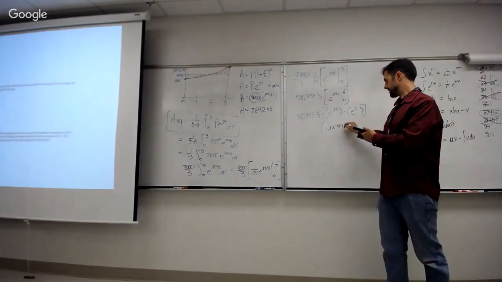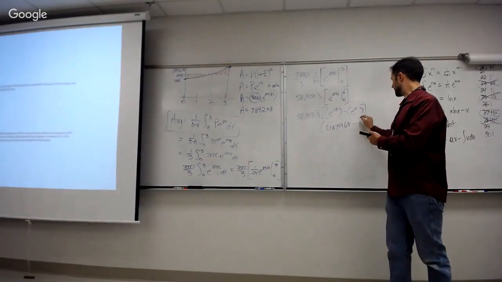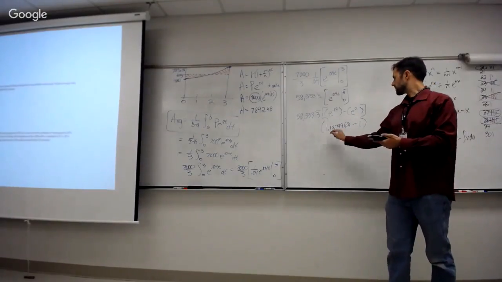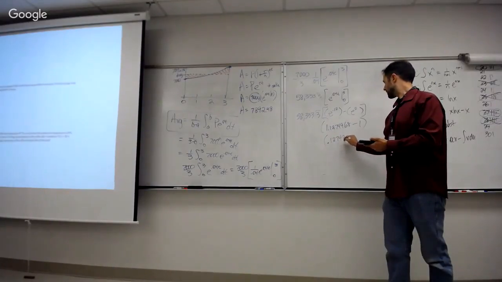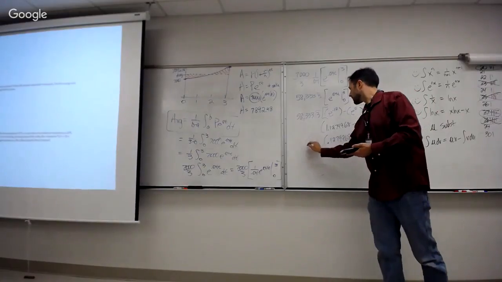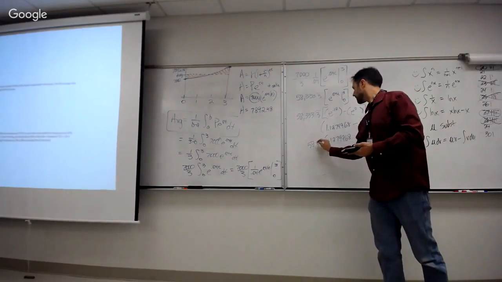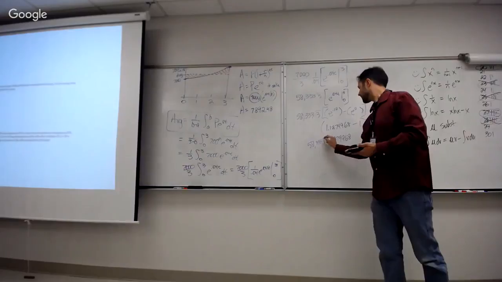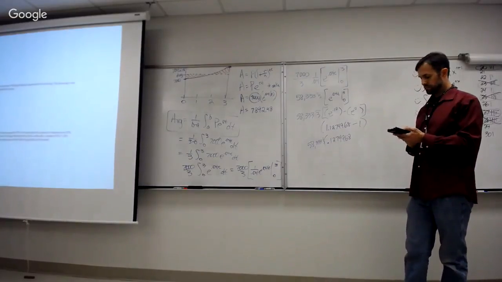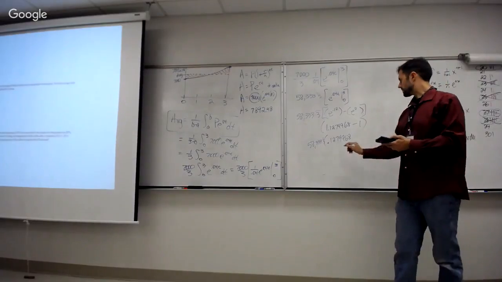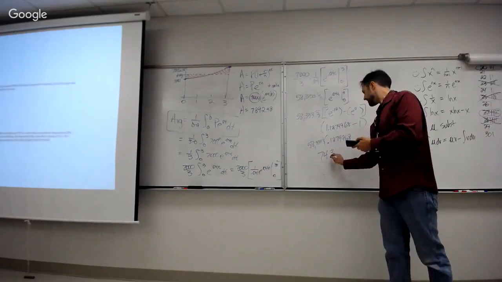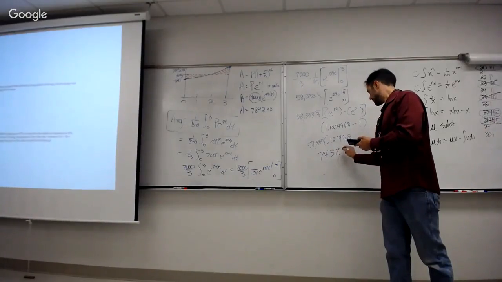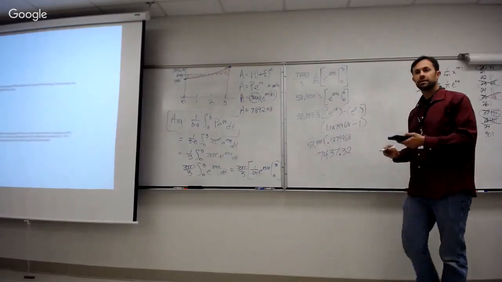I would probably keep as many decimals as possible. Did anyone else get 7437.32 as the average value?